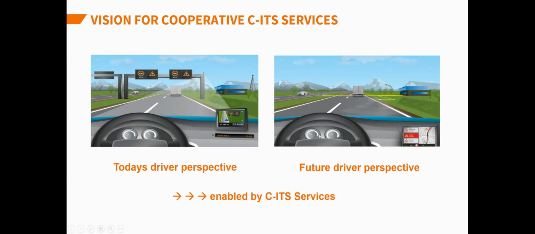But this is a distant future vision, because of course then everybody has to have some kind of system like this in the car. But this could be very quick. Let's see.